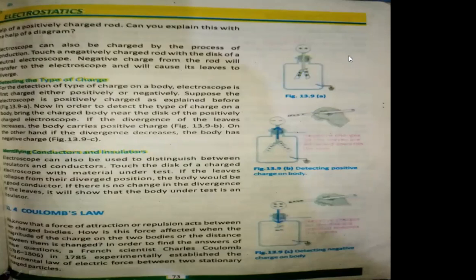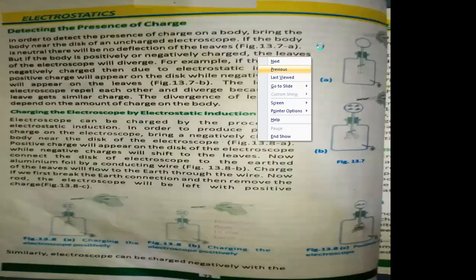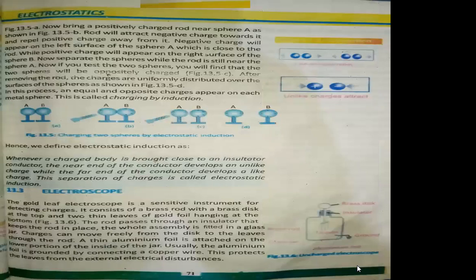So three things we discussed in this lecture. First of all, we discussed the electroscope. The electroscope is a sensitive instrument for the detection of charges. It consists of a brass rod, a brass disc, an insulator, and leaves, and one is grounded, and all the things are enclosed in a glass jar.